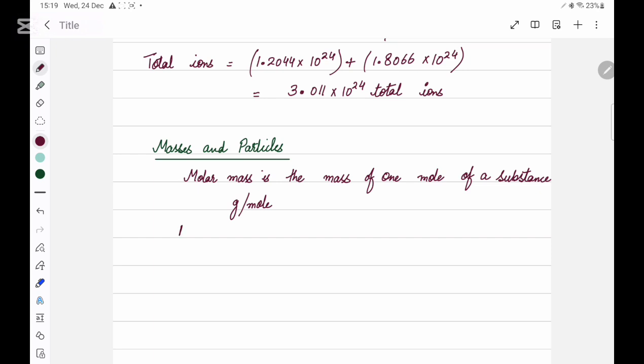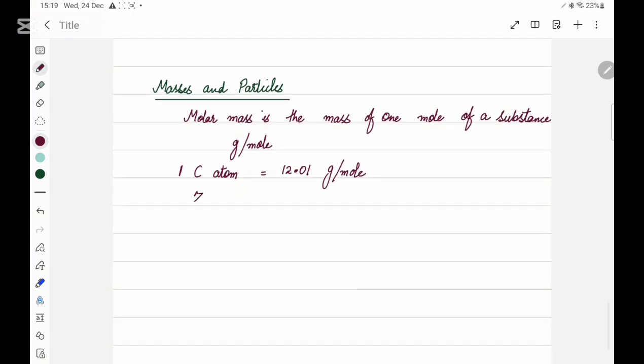The one carbon atom has a molar mass of 12.01 gram per mole, and for zinc it is going to be 65.38 gram per mole. We can find these values from the periodic table.